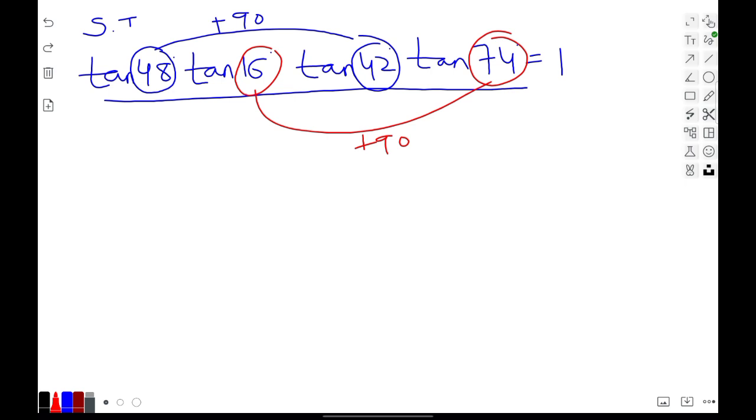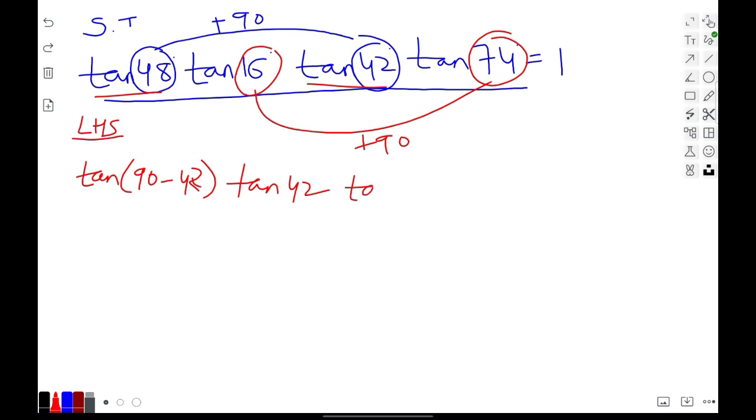Okay, I'm doing this directly on the LHS. Tan 48 can be written as tan of 90 minus 42, into tan 42. Then tan 16 can be written as tan of 90 minus 74, into tan 74.